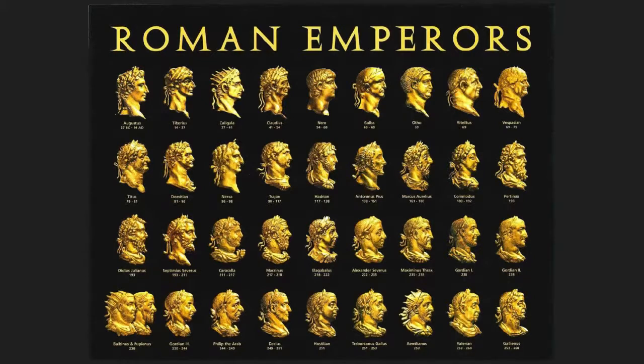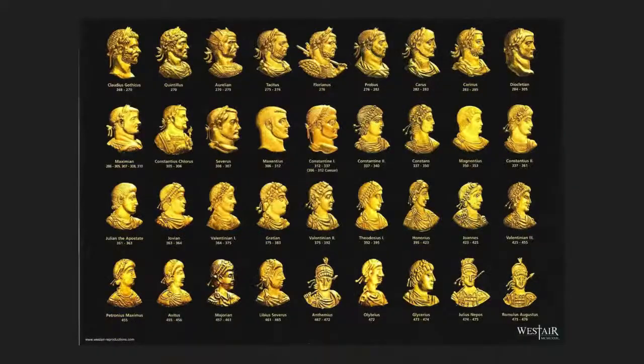Eventually they will come to be called that, but of course we know that Augustus is not an emperor. He is a princeps, right? But you can see here that there's a long line of emperors that follow him, and some are good and some are bad. Again, this is the problem with having a single leader in charge of your country or society. When you have a good guy, things go well. When you have a bad guy, not so much.